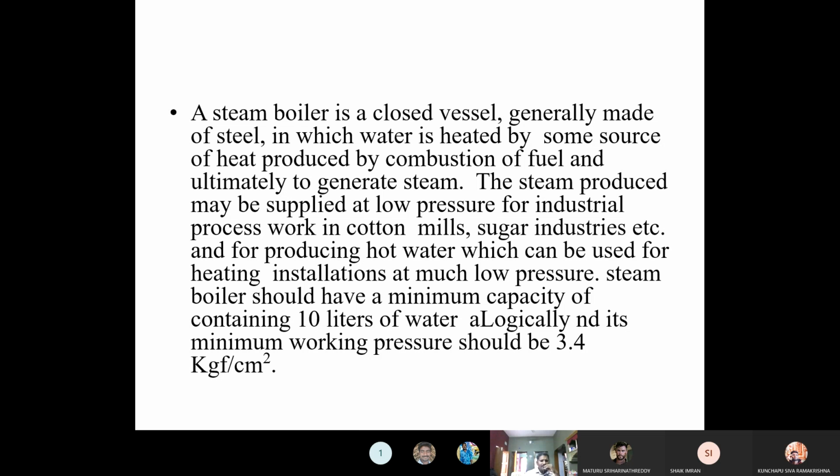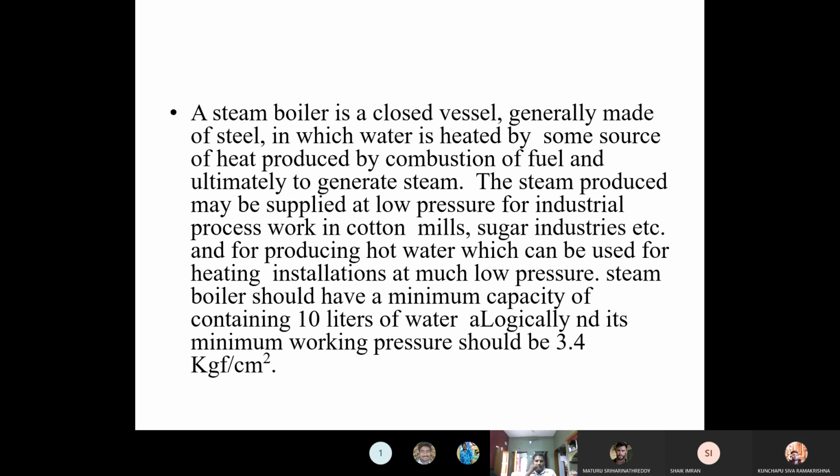The steam produced may be supplied at low pressure for industrial process work in cotton mills, sugar industries, etc., and for producing hot water which can be used for heating installations at much low pressure. A steam boiler should have a minimum capacity of containing 10 liters of water, and its minimum working pressure should be 3.4 kg per centimeter square.